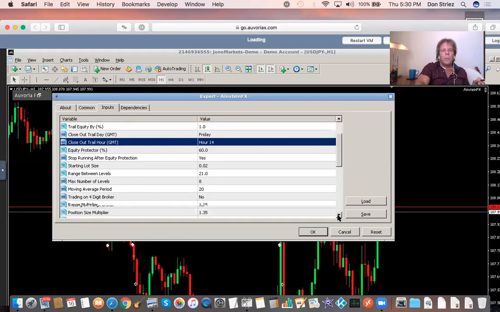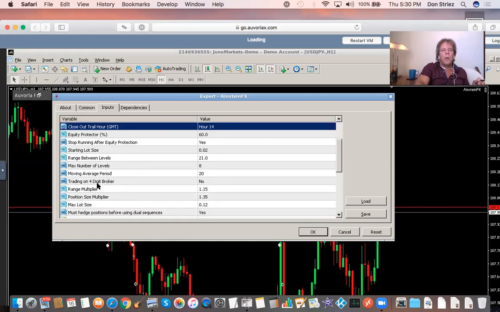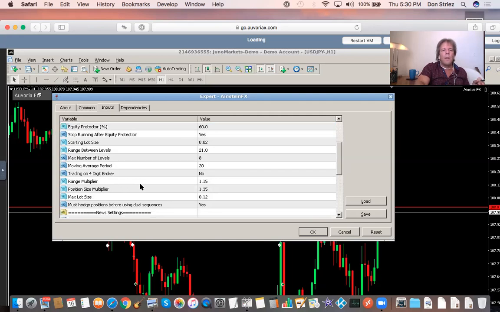Let's go down a little bit more. The range multiplier is the range in between that it moves each time, and then the maximum lot size is 0.12. That's the very maximum size it can make, and the position size is 1.35.